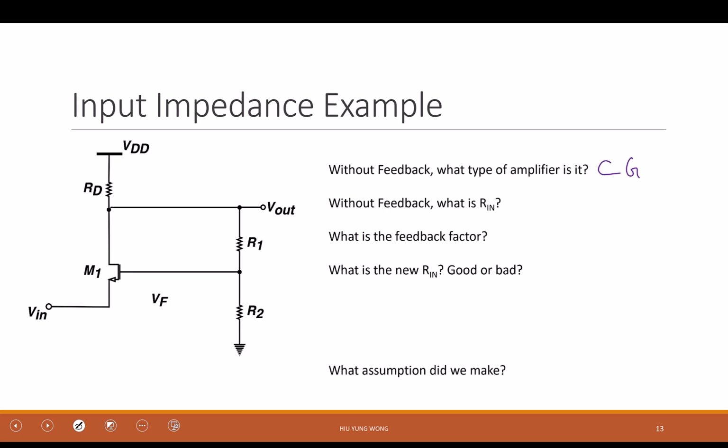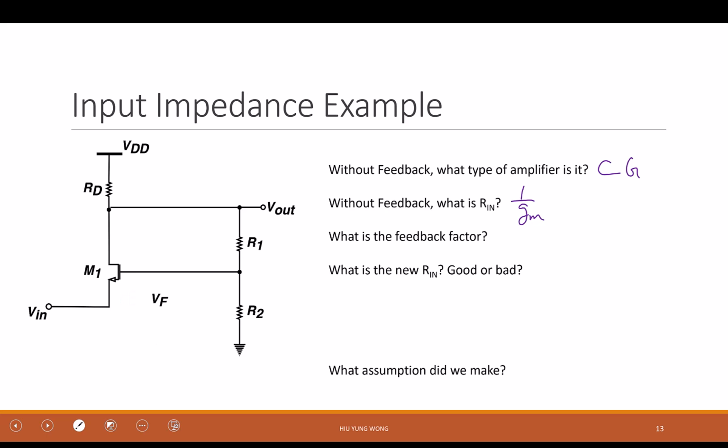So without feedback, what is Rin for a common gate? 1 over GM. I ignore channel length modulation. Isn't that 1 over GM plus RD? No, okay, great.